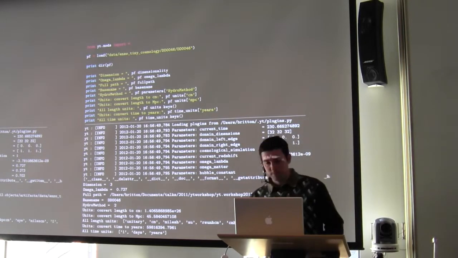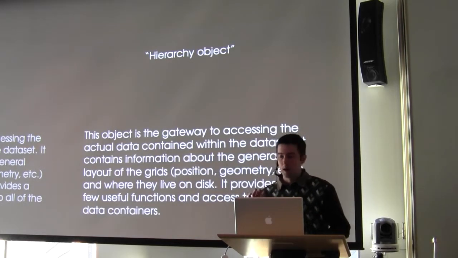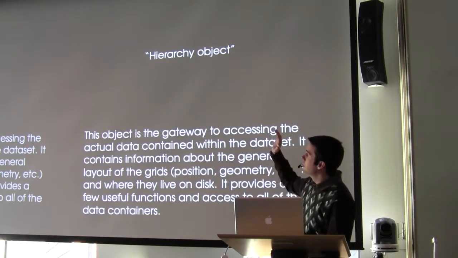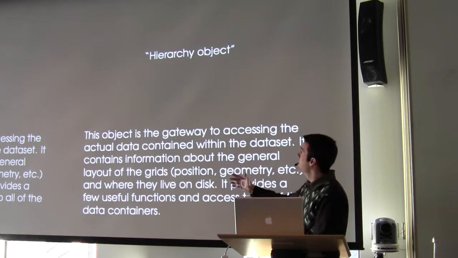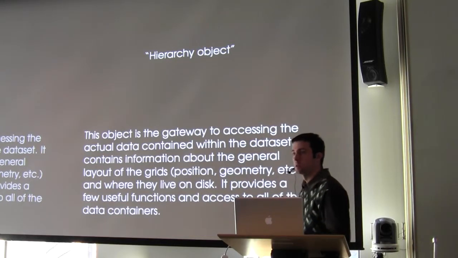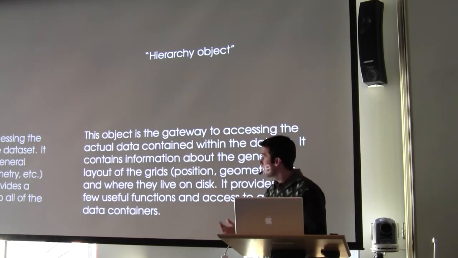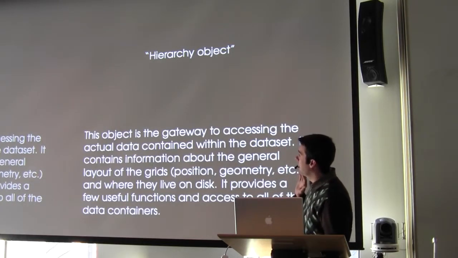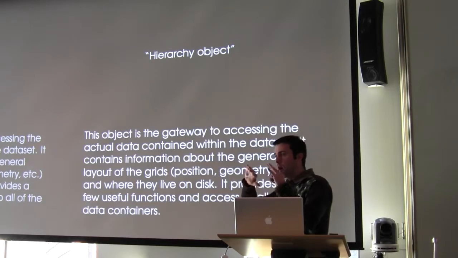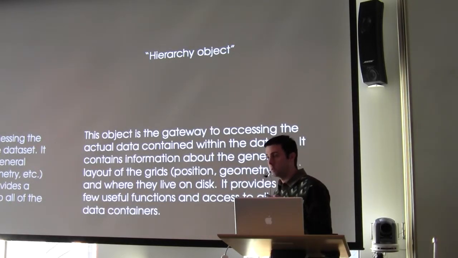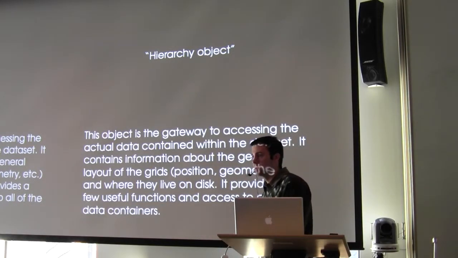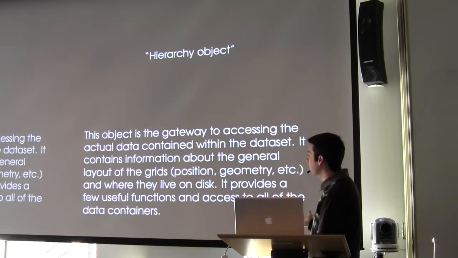Okay, all right. So the last thing that I said was associated with the parameter file object is this thing called the hierarchy object, which Matt defined earlier, but I'll redefine again. I like to think of this as the gateway to accessing all of the actual simulation data, the densities, the temperatures, what have you, of all the grid cells, of everything in that data set.